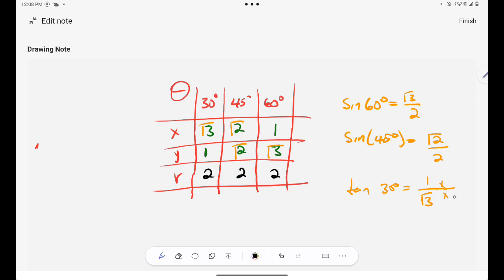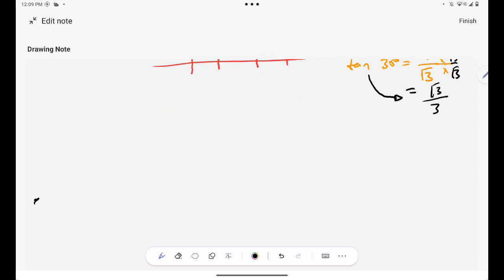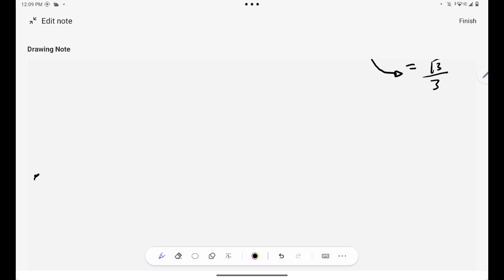We must always rationalize. If you multiply the top and bottom by the square root of 3, you will find out you'll have root 3 all over 3. The calculator will just bring you straight here. All together. Okay, guys. So just know that angles 30, 45, and 60 are the special angles, right?